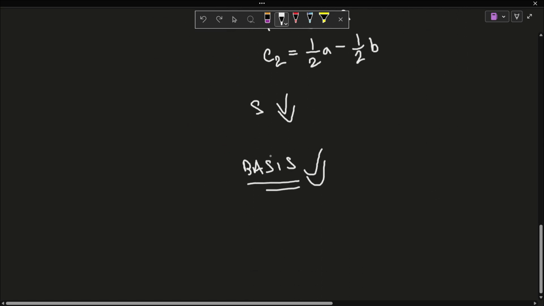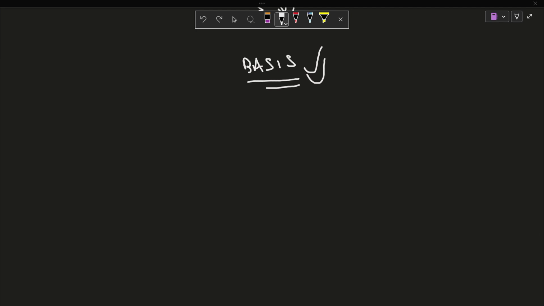But if you were to have 3 or 4 vectors even, then you want to first verify that the set spans V, and then after that you can reuse your row reduced form to check whether they are linearly independent or not.